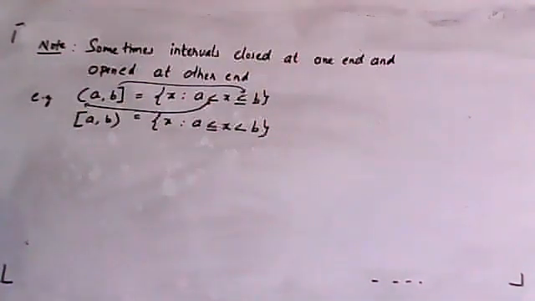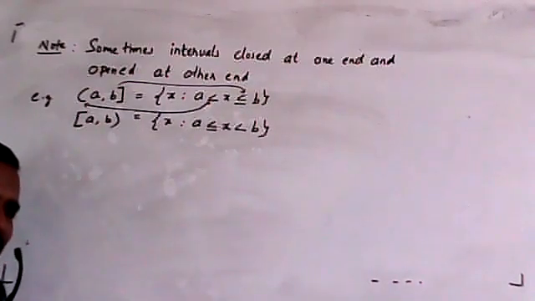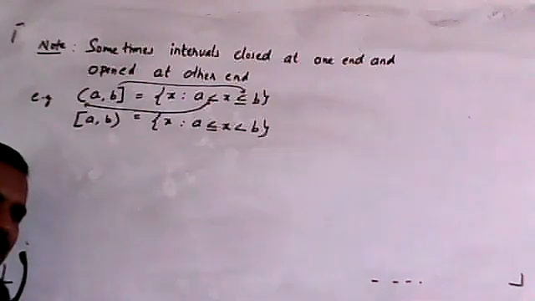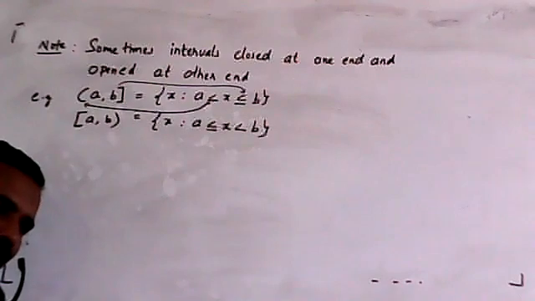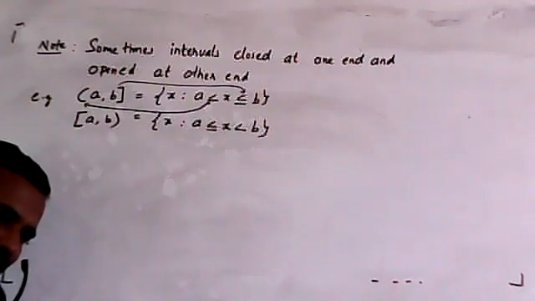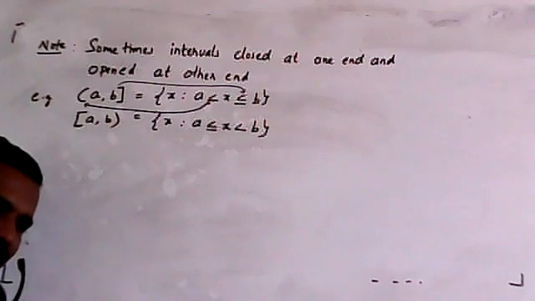We are not worried about at which end it is open or closed. We are only thinking that one side is closed and the other side is open. Wherever we see open, we write less than. Wherever we see a closed bracket, we write lesser than or equal to.